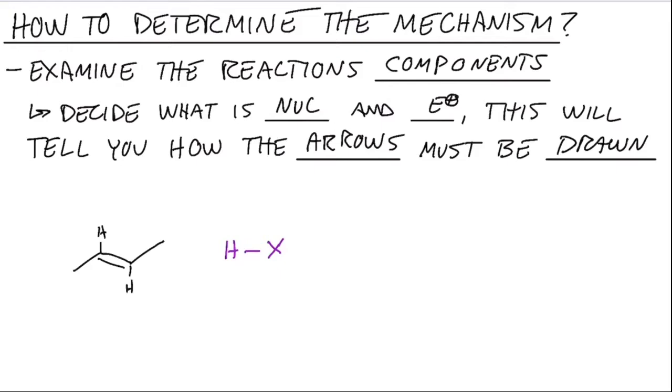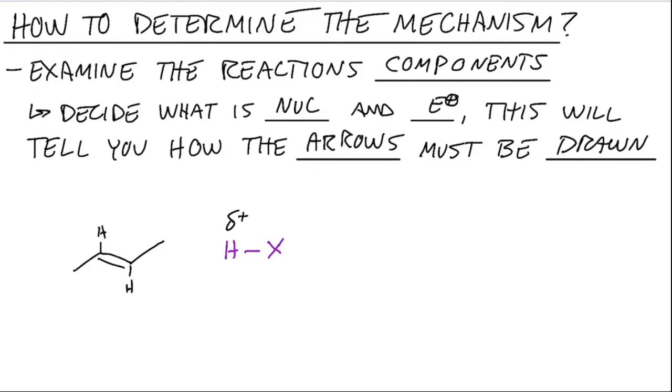But then looking at it, I'm still not exactly sure, because I'm looking at this H and I'm thinking, okay, that's definitely a partially positively charged thing. We know that H plus, when we have that, that's definitely an electrophile, but we don't have H plus here, so it's not exactly the same, right?